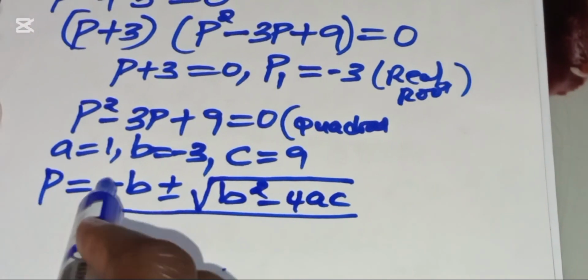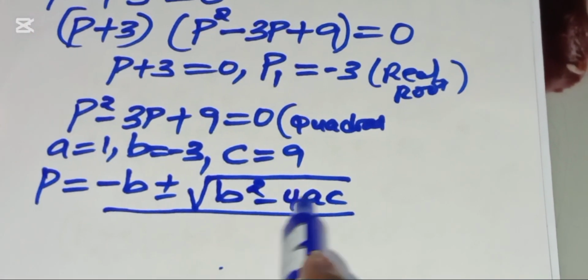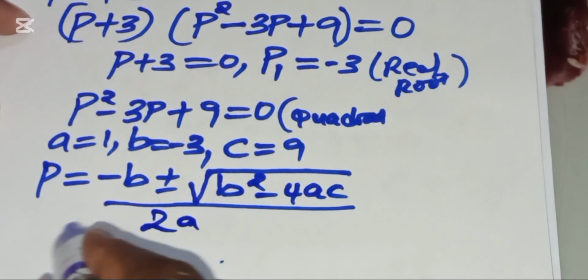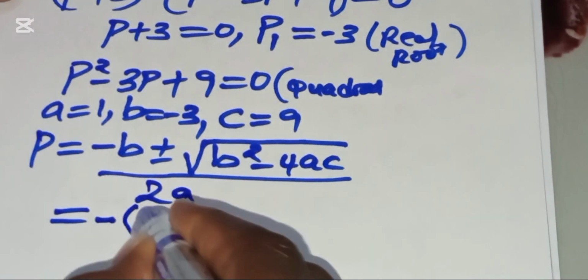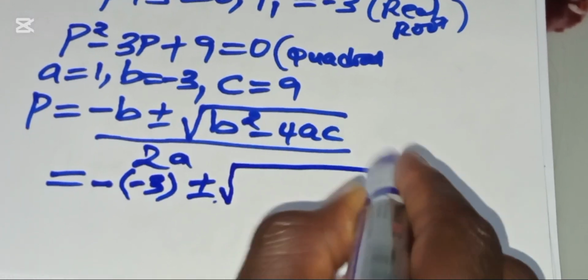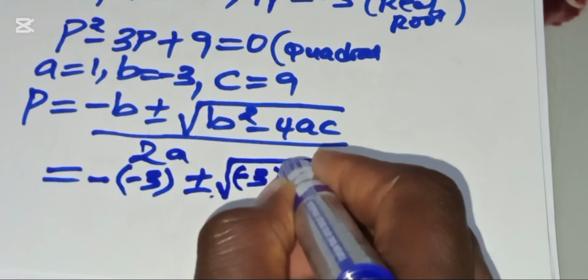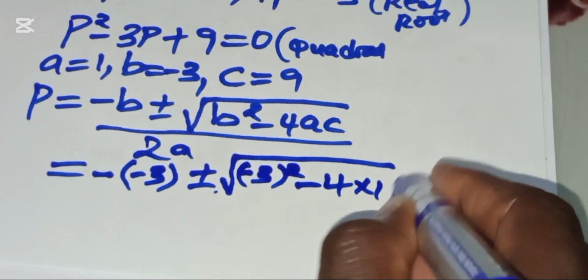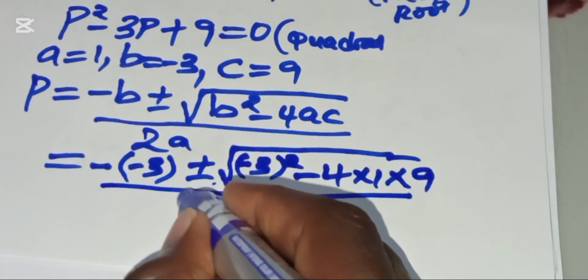p is equal to negative b plus or minus the square root of b squared minus 4ac divided by 2a. Now from what we have, let's substitute. We have negative of negative 3 plus or minus the square root of negative 3 squared, subtract 4 times 1 times c, which is 9, divided by 2.